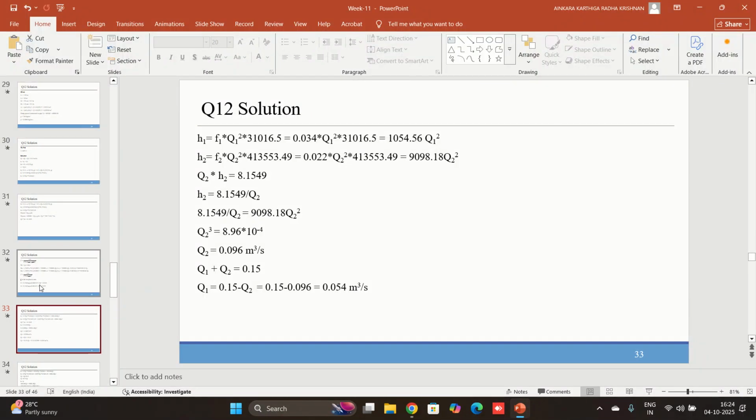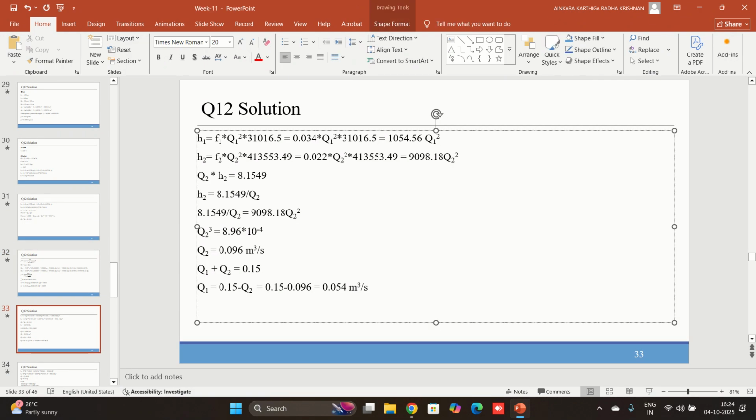So h1 is actually f1 times Q1 square into 31,016.5. So f1 now is 0.018, so we'll substitute that: 0.018 into Q1 square into 31,016.5. That gives us 558.3.